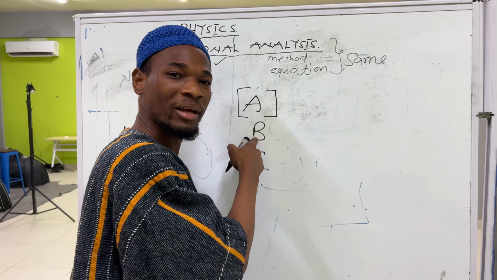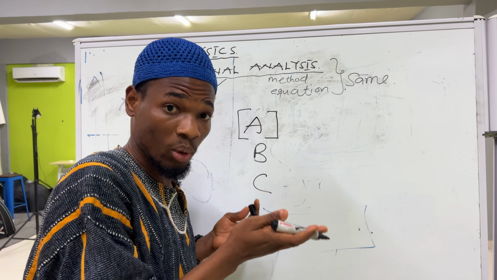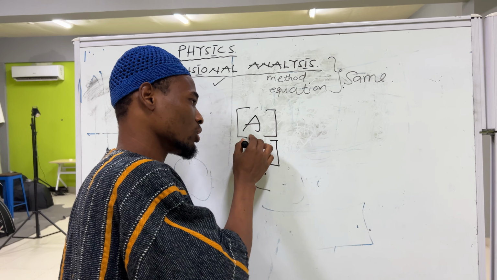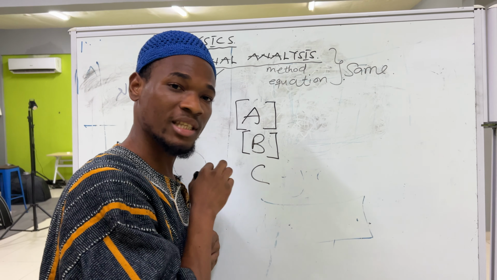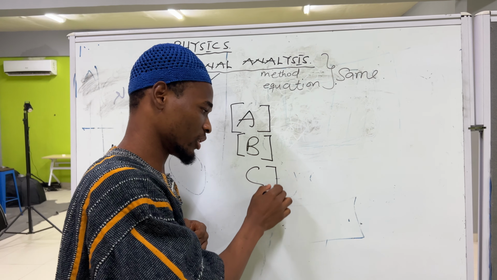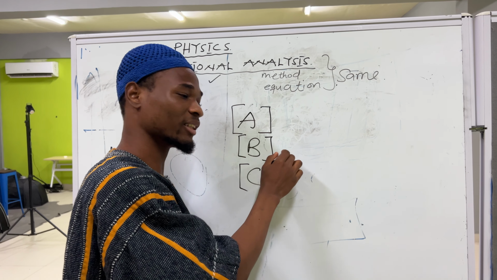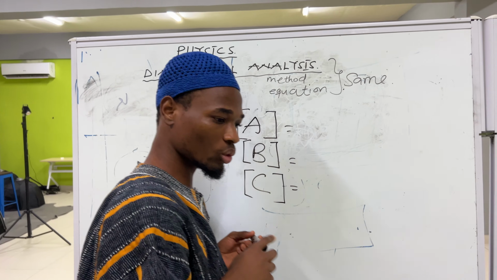A square bracket this way. When I want to take the dimension of B, here I'm assuming A, B, C are my physical quantities, I'll do it this way to mean that I am taking the dimension of B. Similarly, when I want to take the dimension of C, I follow the same format. Are you okay? Good.